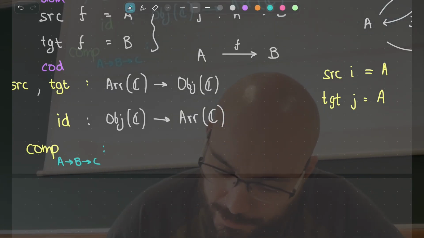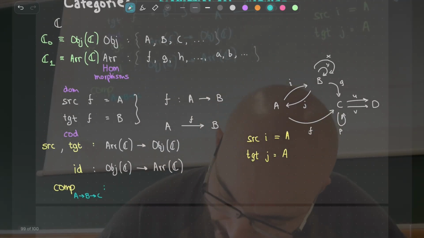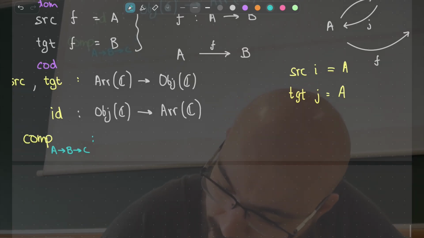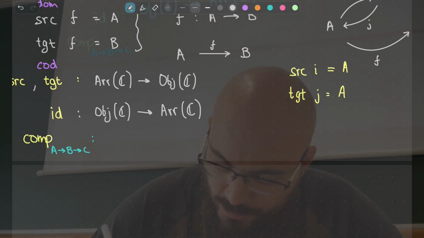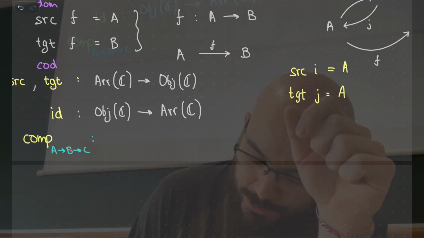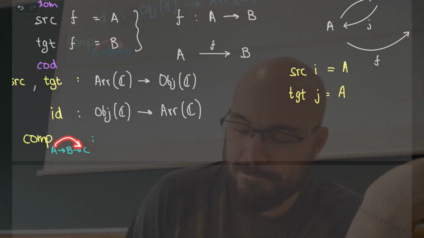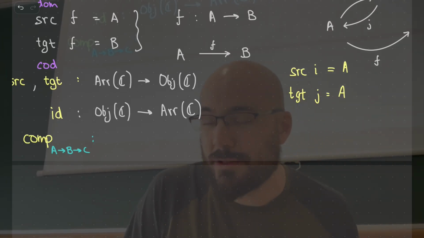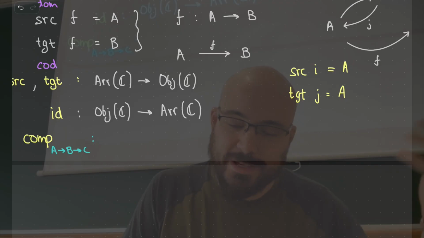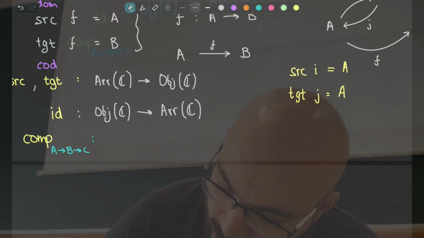Which will go from all the arrows. It will take arrows from B to C and from A to B, and it will give you back arrows from A to C. The difference in the order is because I'm writing composition in what's called the algebraic order and not the diagrammatic order, but we'll switch between the two according to what's more convenient.